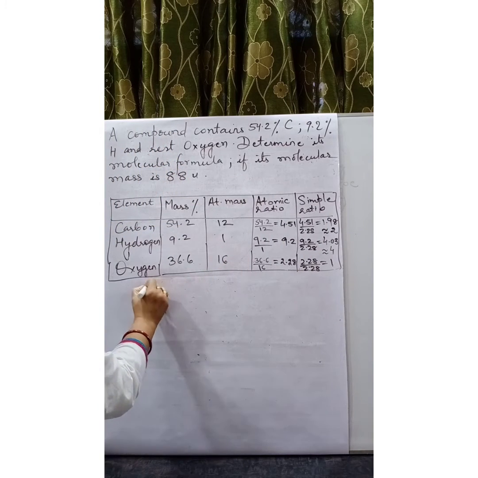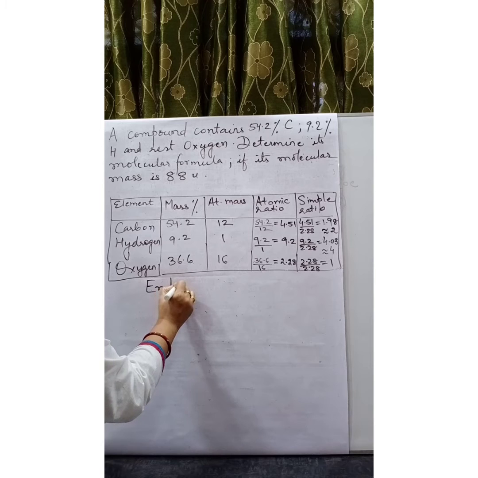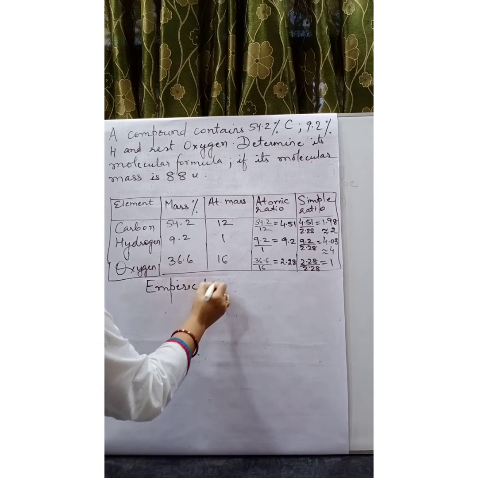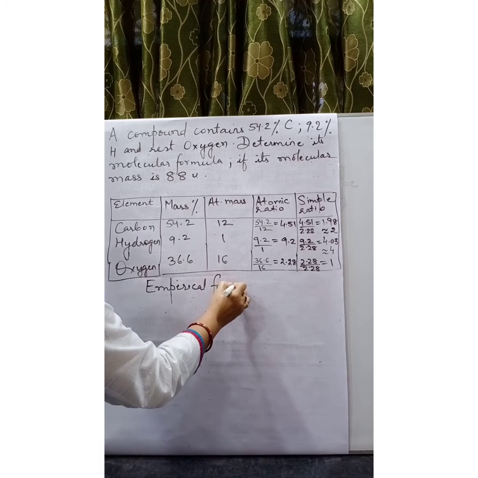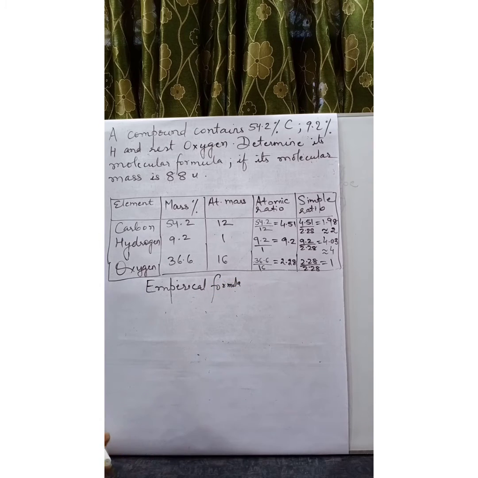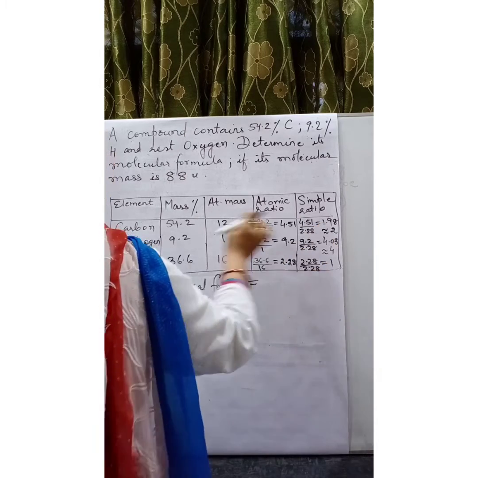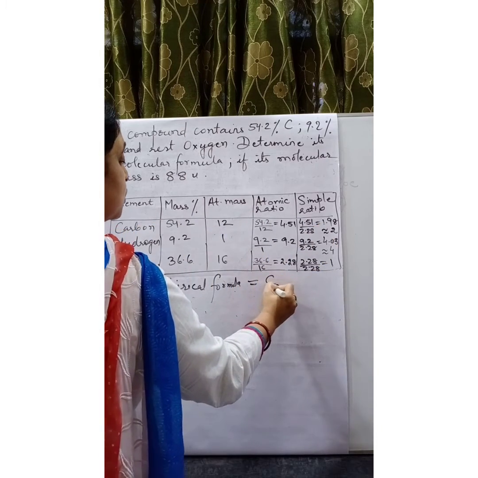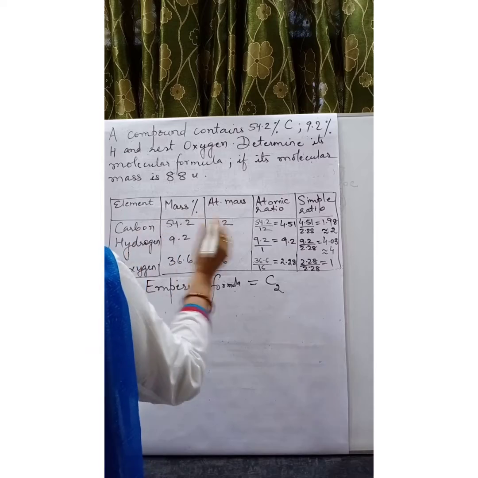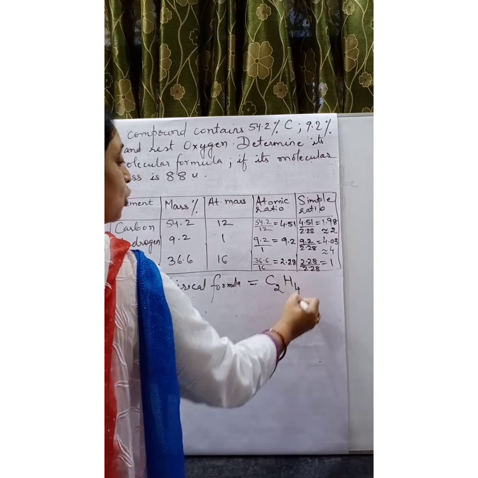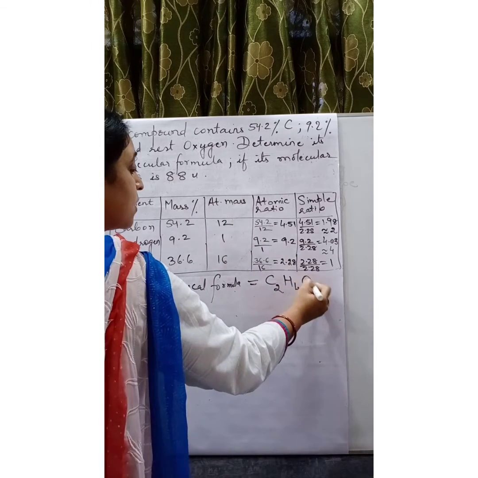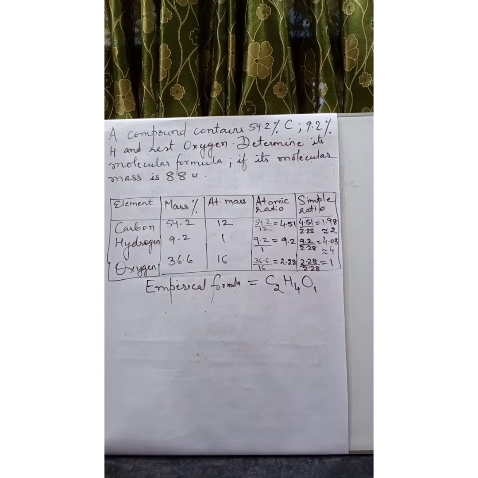Now write down the empirical formula. 2 is the number of carbon atoms, so 2. 4 is the number of hydrogen atoms, so 4. 1 is the number of oxygen atoms, so 1. Now calculate the empirical formula mass.